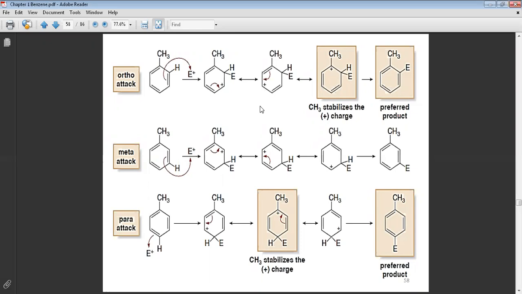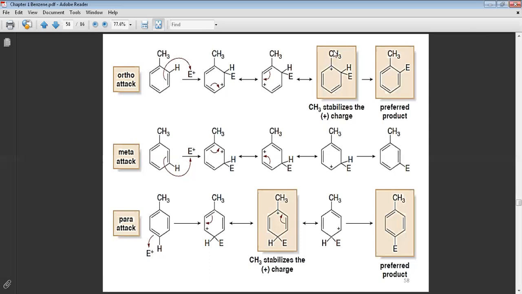Also, you can say it is tertiary. Here 1 and 2 are secondary carbocations, and this one is a tertiary carbocation, with the methyl group directly bonded to the carbocation.